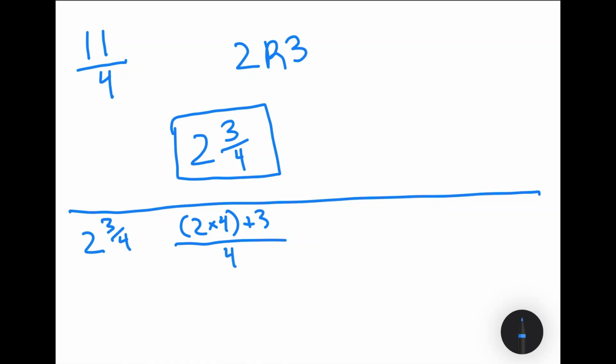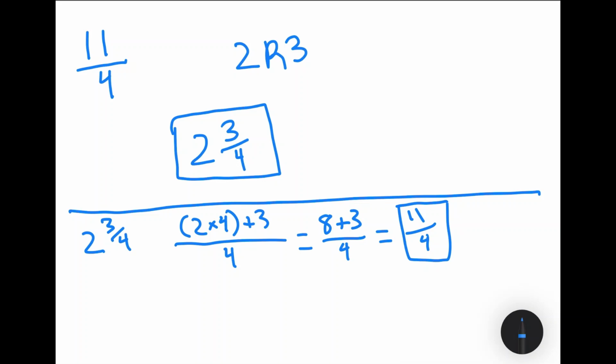I'm only doing the reverse of what we did up top. So 2 times 4 gives me 8, plus 3 over 4. And that's going to equal 8 plus 3 gives me 11 over 4. So that's how you do the reverse of it. You multiply that whole number times the denominator, then add your numerator, and put that all over your denominator. That gives you back your improper fraction.